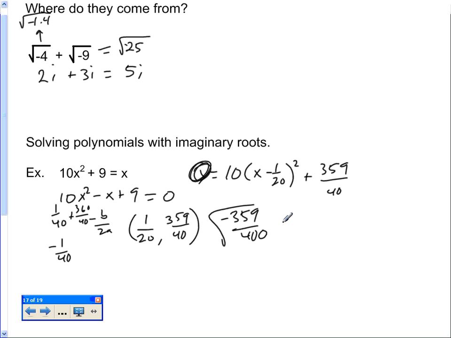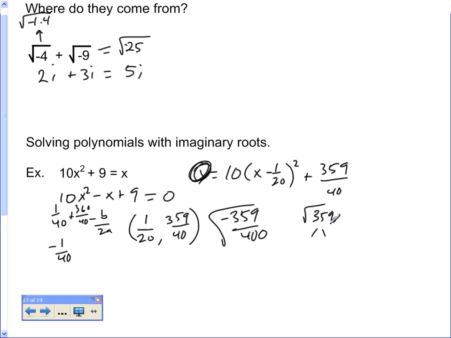So I'm going to have the square root of 359, which I need to break down. And that breaks down into nothing really.